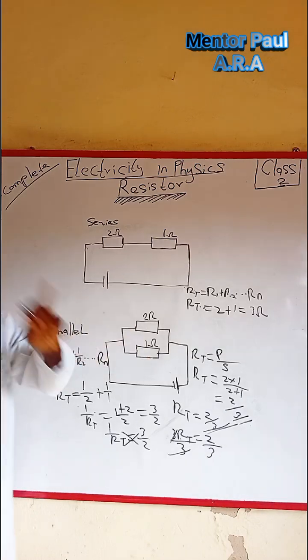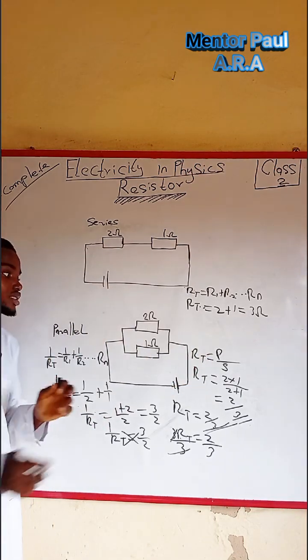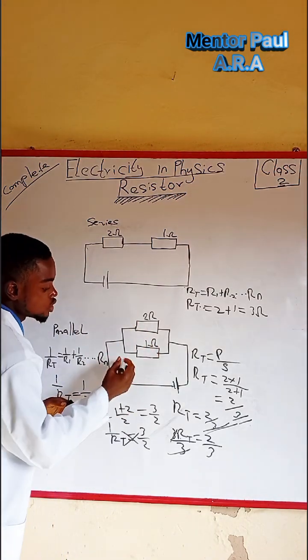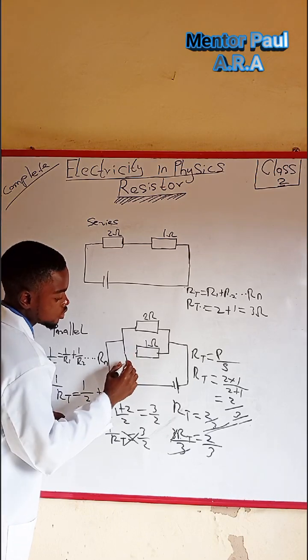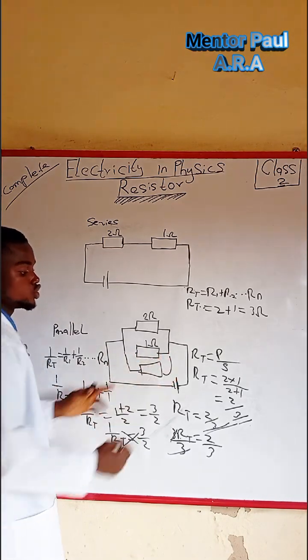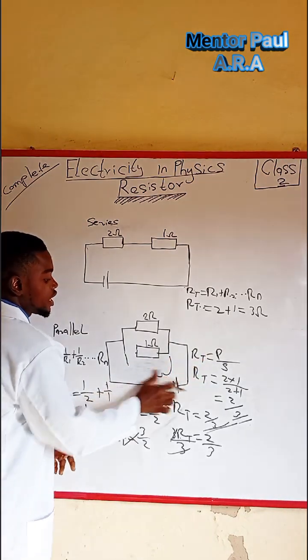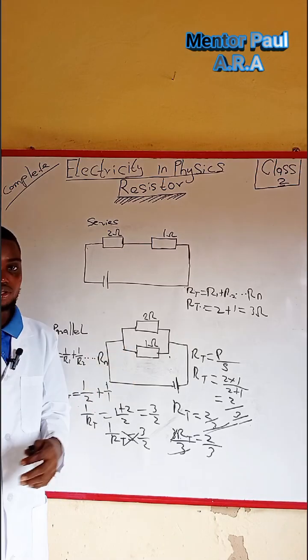So I prefer using this. But mind you, you can use this formula once the resistors in parallel are 2. But once it is more than 2, maybe you have another resistor over here and it is 3, you don't use this product. It's only when there are 2 resistors in parallel that you use it.